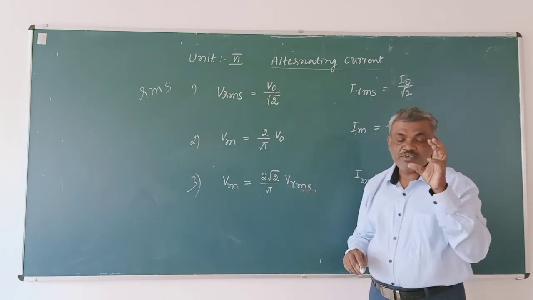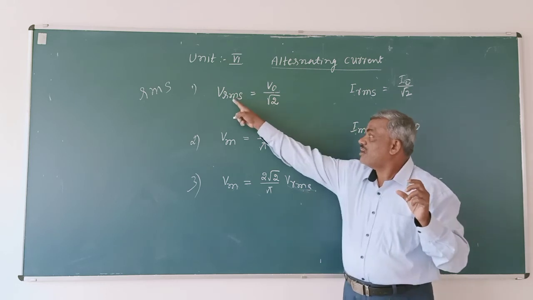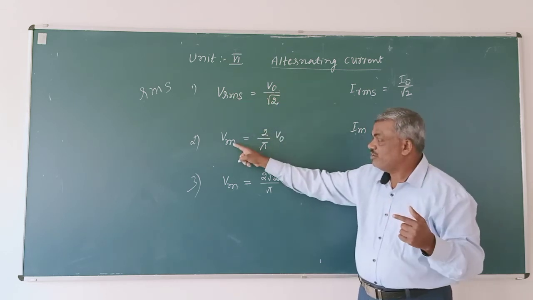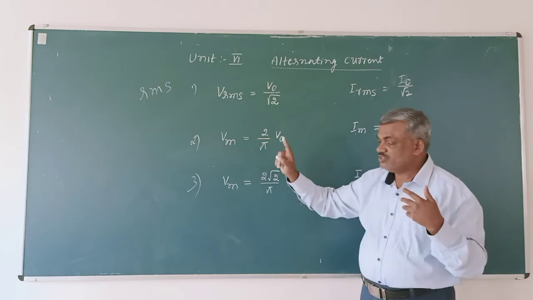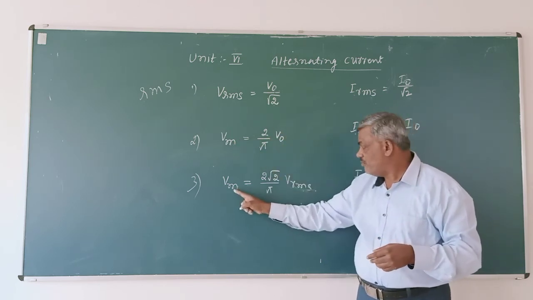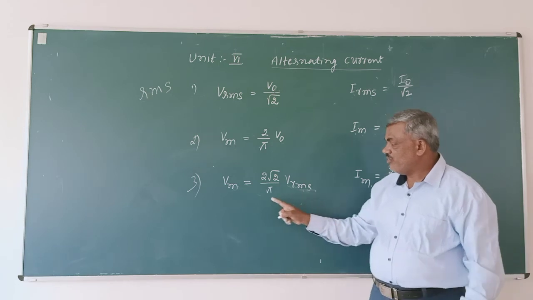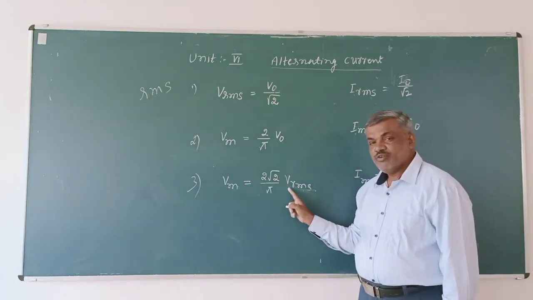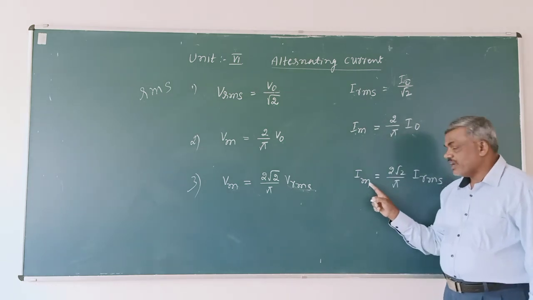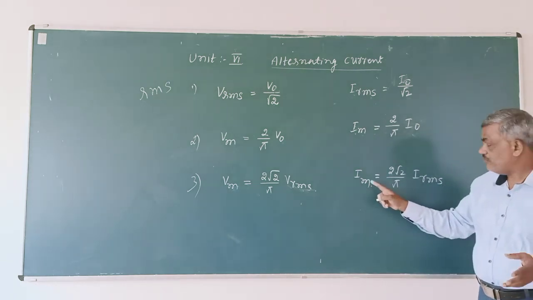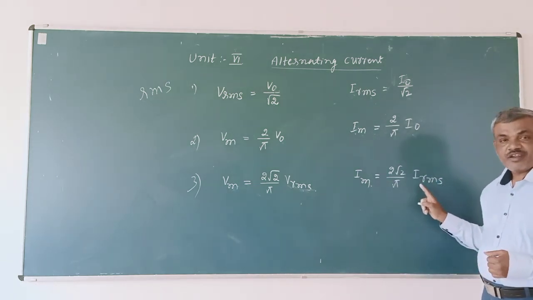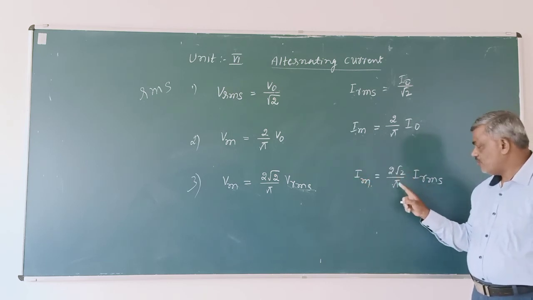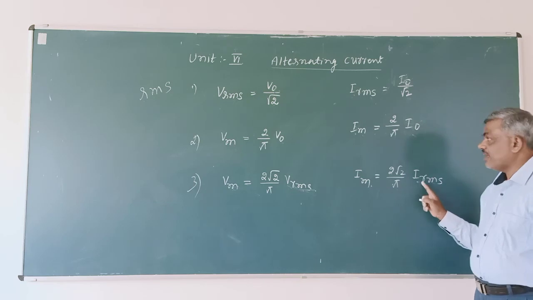This symbol is very important. Now for current: the relation between mean and RMS value of alternating current is Im equal to 2 into root 2 by pi Irms.